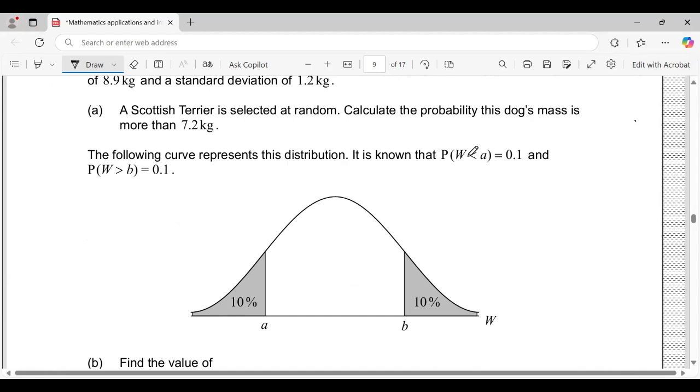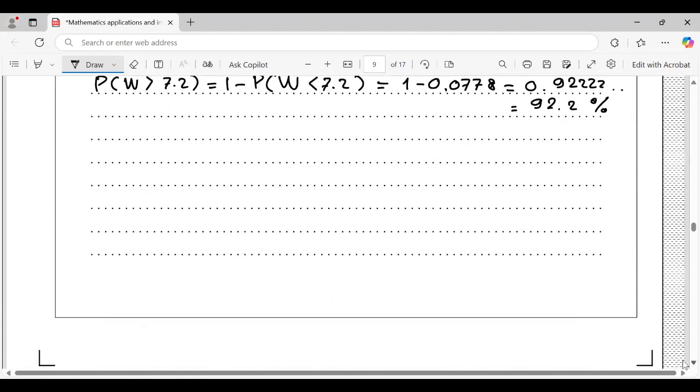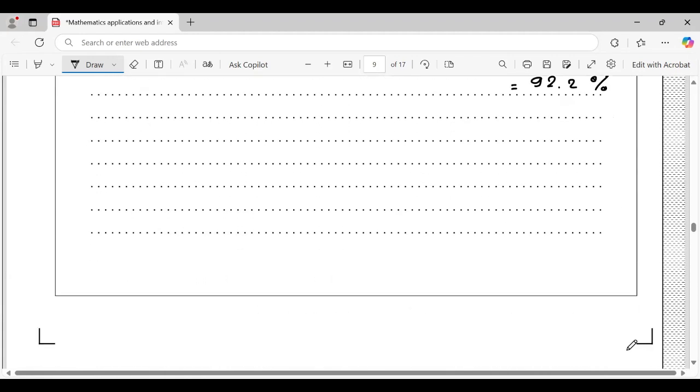It is known that probability W less than A is 0.1, and probability W greater than B is 0.1, so 10%. Part 1: according to the information, probability W less than A equals 0.1.